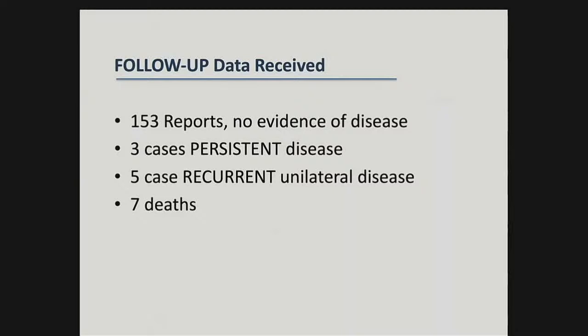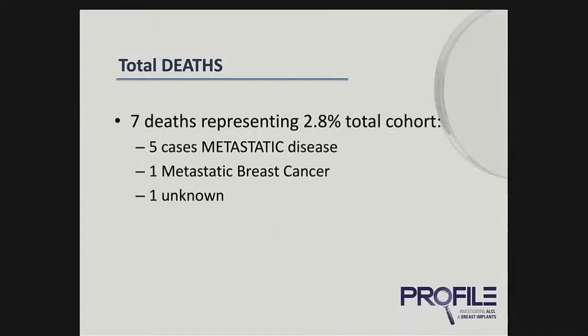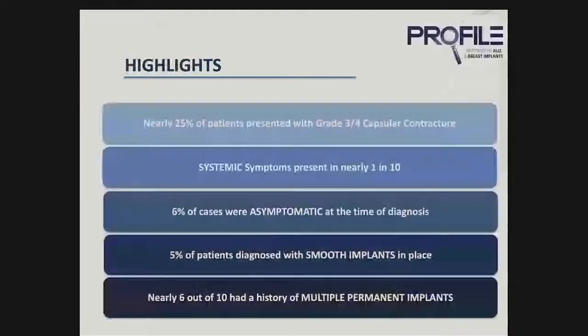We are aware of 3 cases of persistent disease in patients who did not agree or did not undergo appropriate surgical therapy. We are aware of 5 cases of recurrent unilateral disease, and we are aware of 7 deaths. These 7 deaths represent 2.8% of our total cohort. 5 of these cases succumbed to metastatic ALCL. 1 patient died due to metastatic breast cancer, and in 1 case, cause of death is unclear.